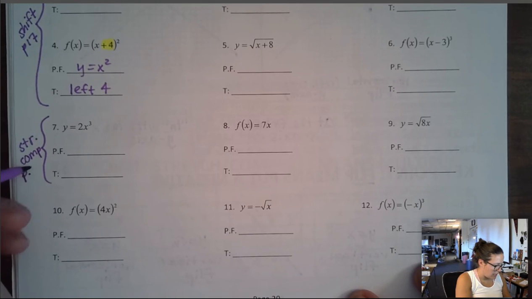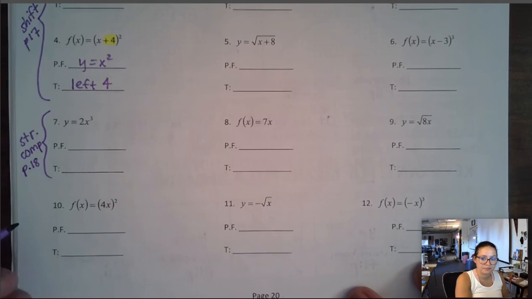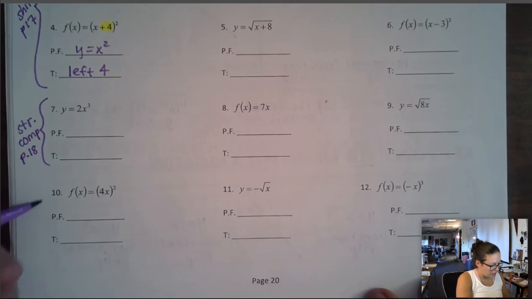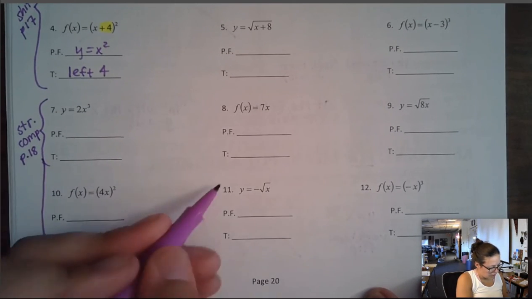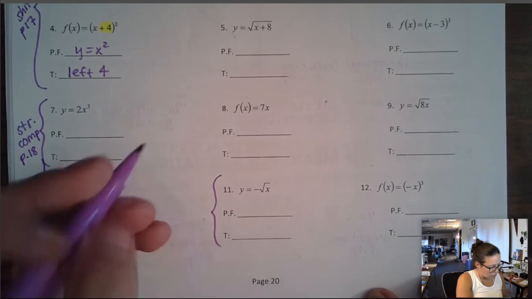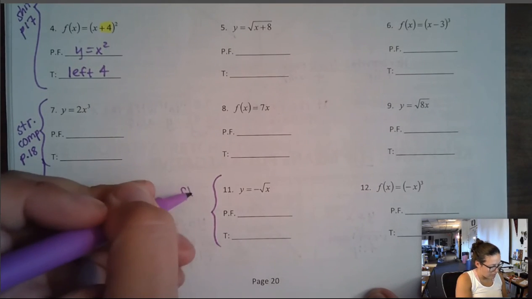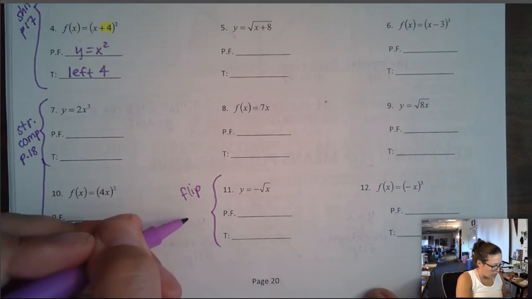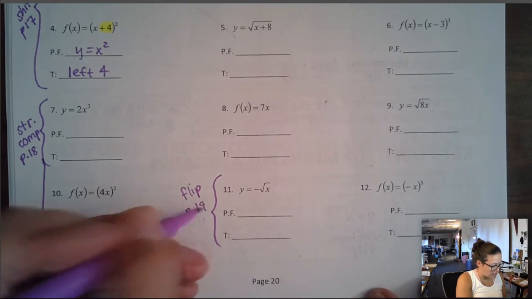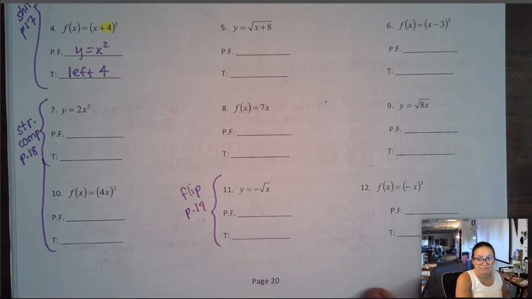So look at page 18 if you need some help. And so is number 10. Numbers 11 and 12 are going to be a flip of some kind because of the negative. So look at page 19 if you need help there.